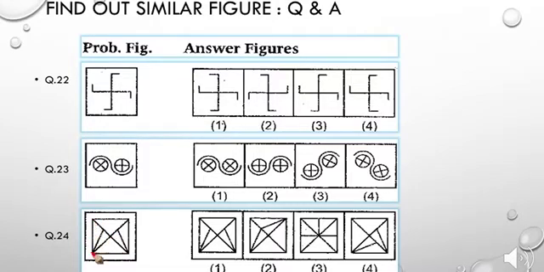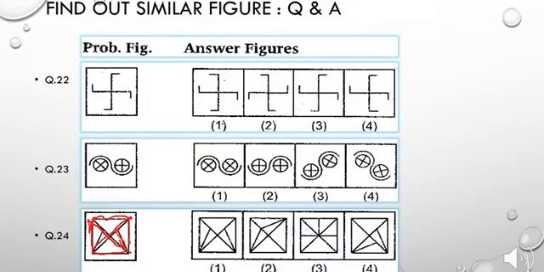We see that there is a square which has been divided into parts with the help of 2 lines intersecting each other. So the outer design is nothing but a square, inside which there is a line from this corner to this corner, this corner to this corner, and there is another line from this line going here.